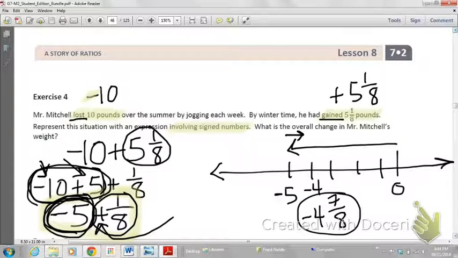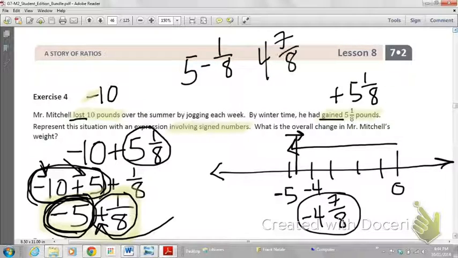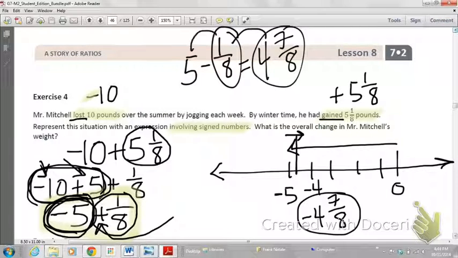But now I'm going to add a 1/8 to that negative 5, and I'm going to go the other way. So I'm going to end up around there at negative 4 7/8. What I've done is 5 minus 1/8 is 4 7/8, because 4 7/8 plus another 1/8 equals 5.